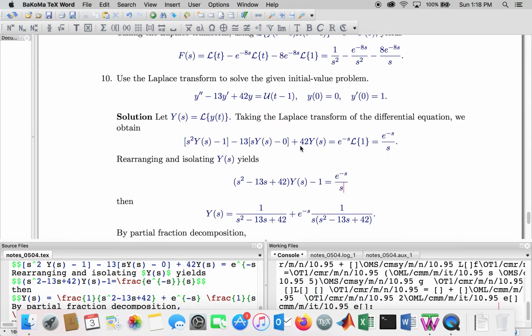So that's just cleaning up the left-hand side. And then this 1 gets moved to the other side, and then we divide by this factor here, and it leads to plus 1 over this quadratic, plus e to the minus s over s times that same quadratic.